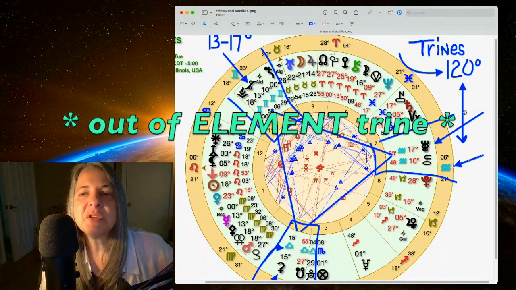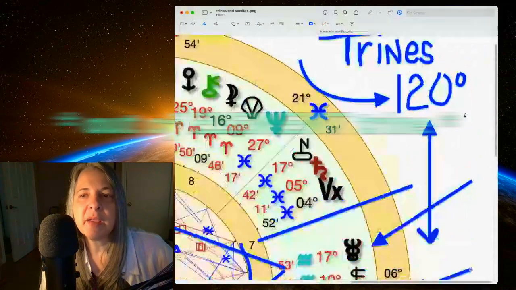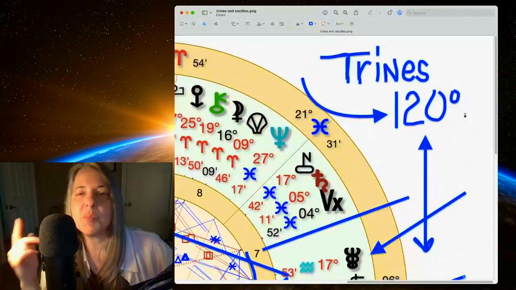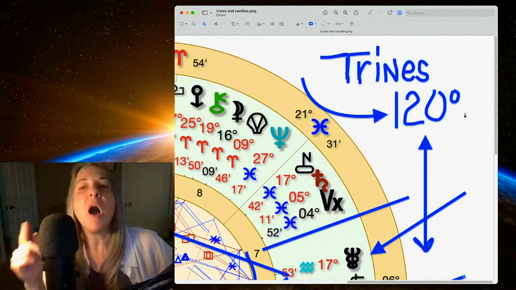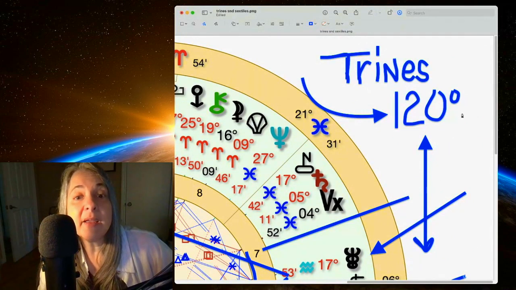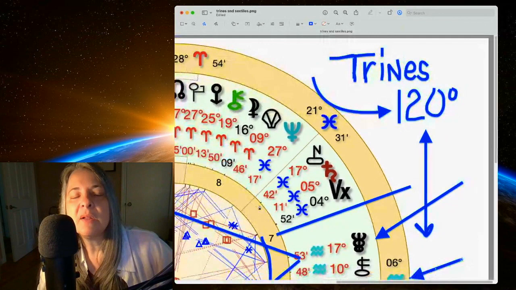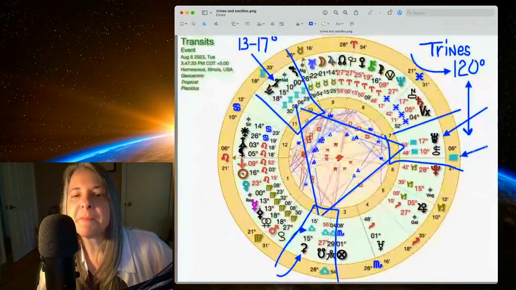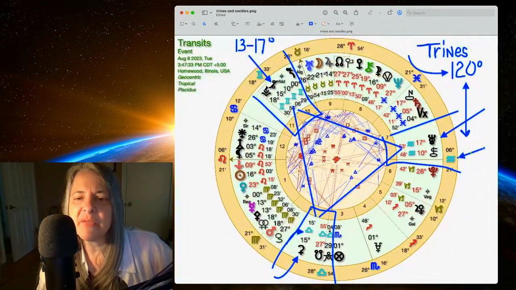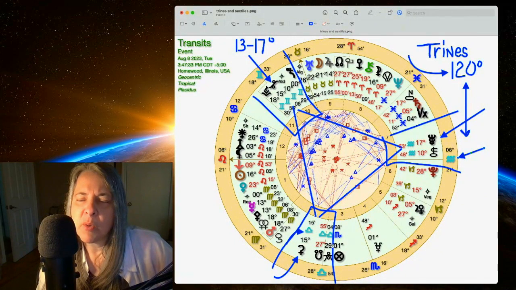Well, think about it. If we go by the degrees, from planet to planet or planet to house cusp line, 120 degrees. Well, let's pretend for a moment. Let me see if I have it on this chart. How about we do this?